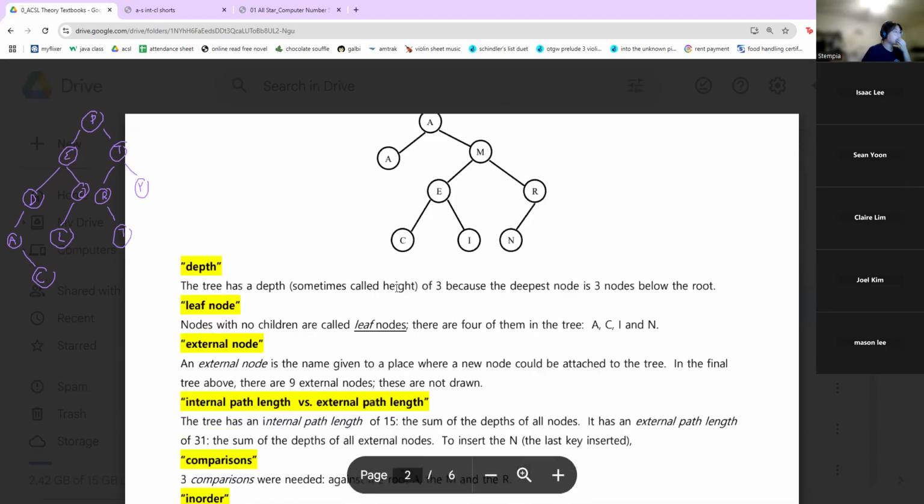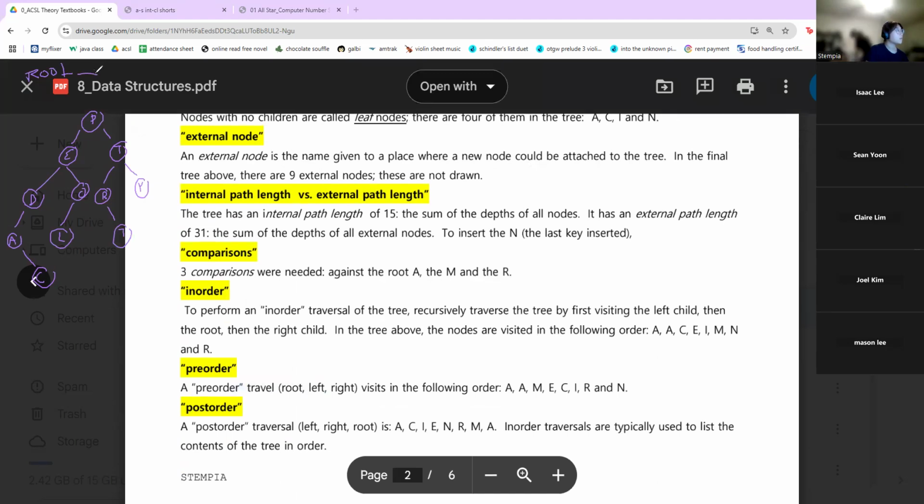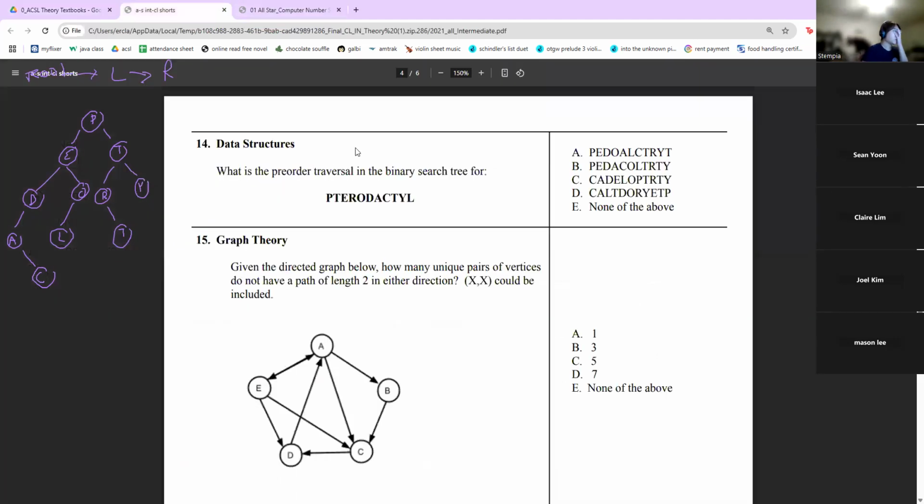A pre-order traversal is going to go in the direction of root, then left, then right, right? So if we go back to here, we're going to start with the left tree, and I'm going to try and make this as least confusing as possible. But the left node gives us this tree.